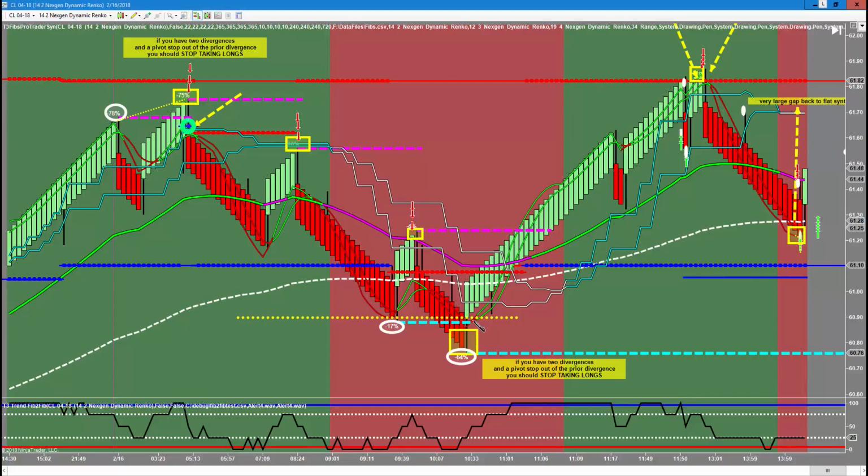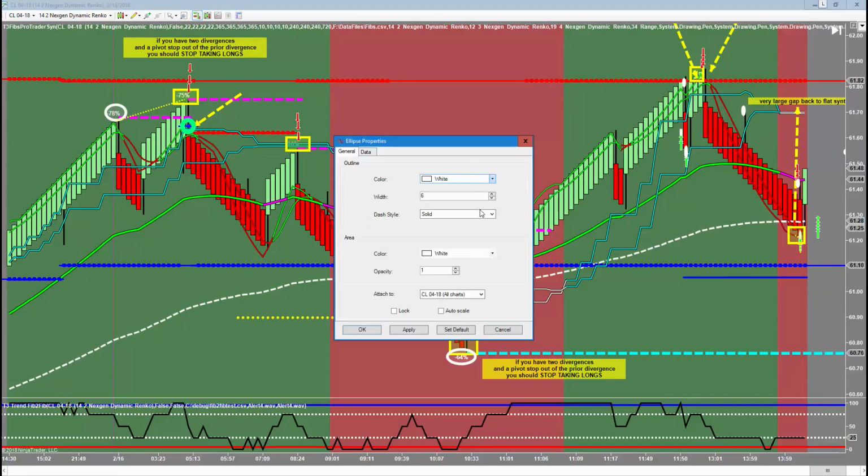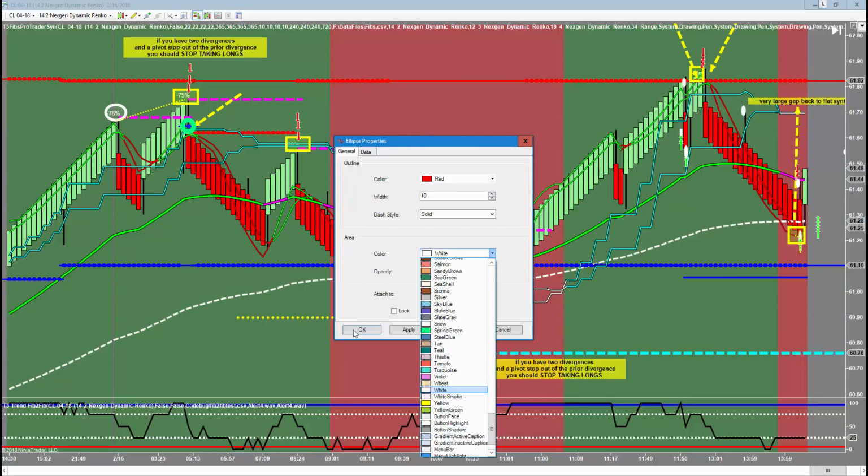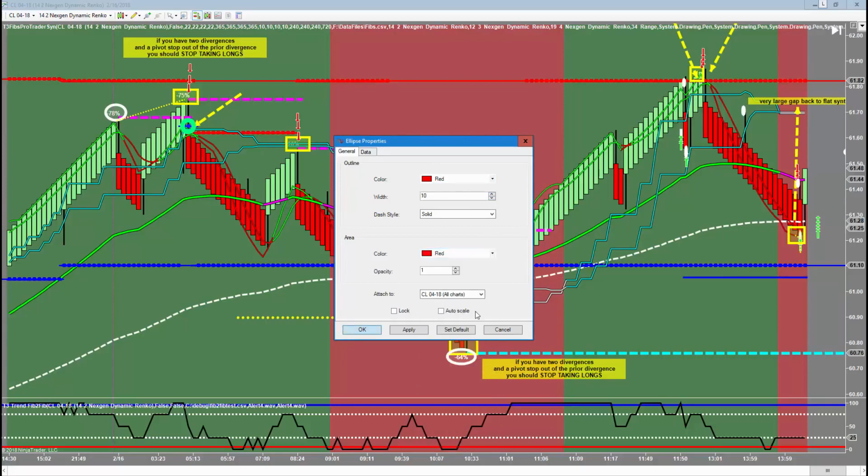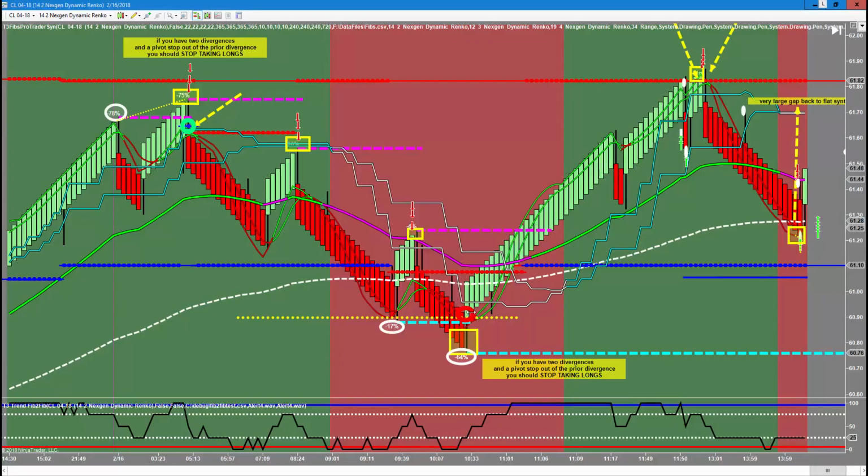Double pivot stop out, double divergence, and you have, again, look, it's not that it won't go, it's just low probabilities. So again, you're trying to decide for yourself when you're going to have high probability or low probability trades. And really the function of our 14-2 chart is to give us general guidance and tell us when to stop.